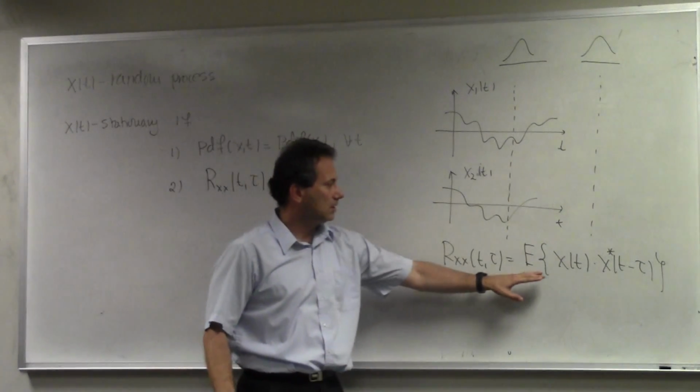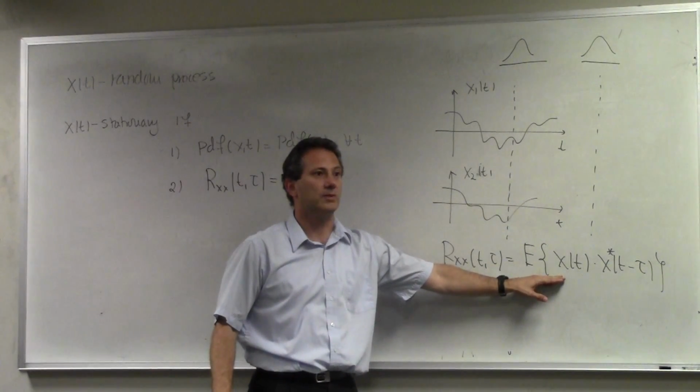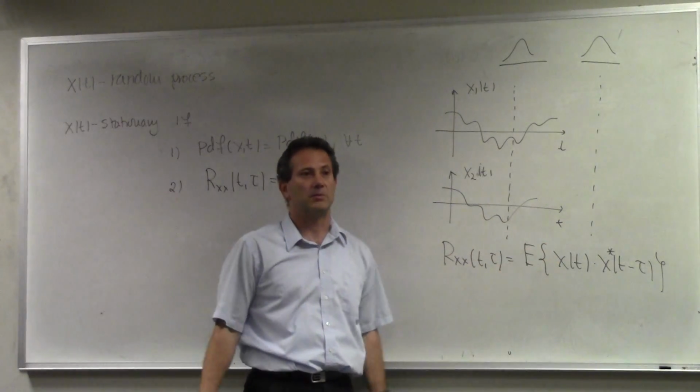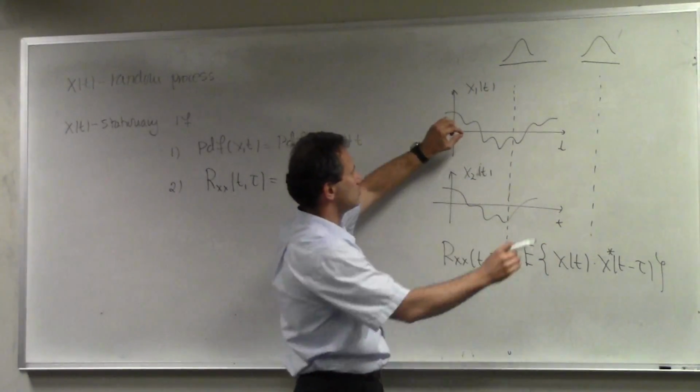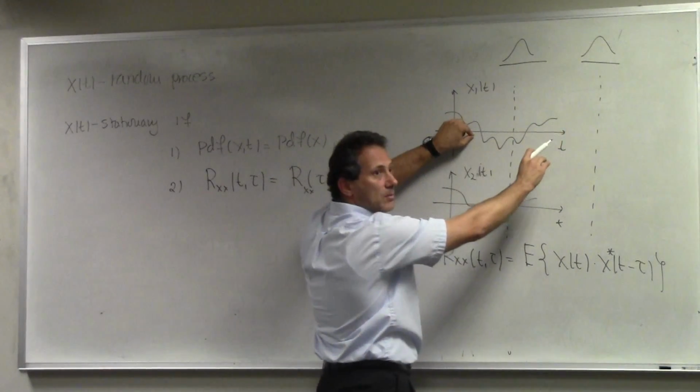Now, this function in general is a function of two variables. One is the time, and the other one is tau, the separation between the two samples. So I'm looking at the product between two values that are tau apart.